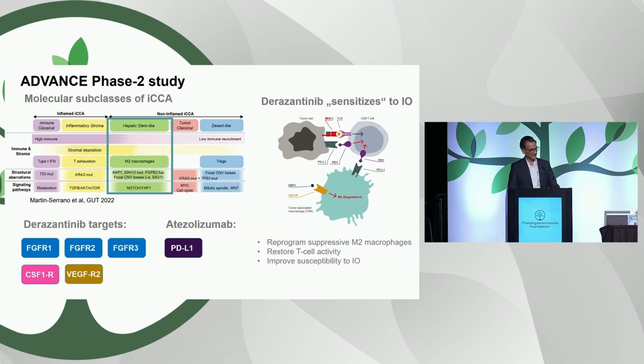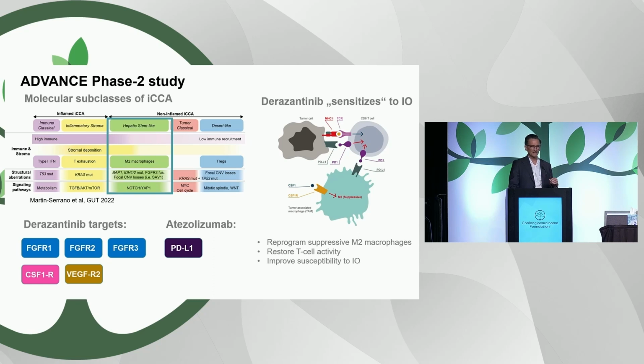So the idea of a study we started in Germany a couple of years ago was, can we combine targeted therapies with checkpoint inhibitors? And the idea was that we use derazantinib, which is not only an FGFR inhibitor, but also has CSF1R activity, which would allow us to target the macrophages.